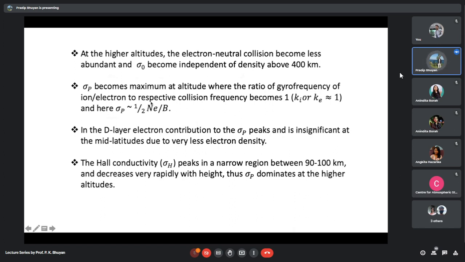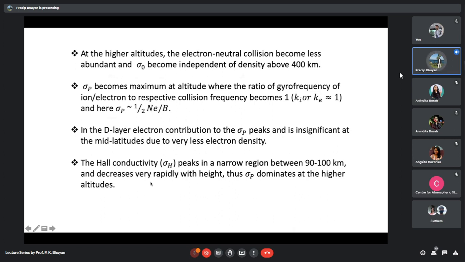Within the D region, the negative charge contribution to sigma P is maximum. As we have already understood, within the D region, we will have a lot of negative charge. The ratio of n minus to Ne sometimes becomes equal to 1 also, so large. So you have this becoming maximum in the D region.